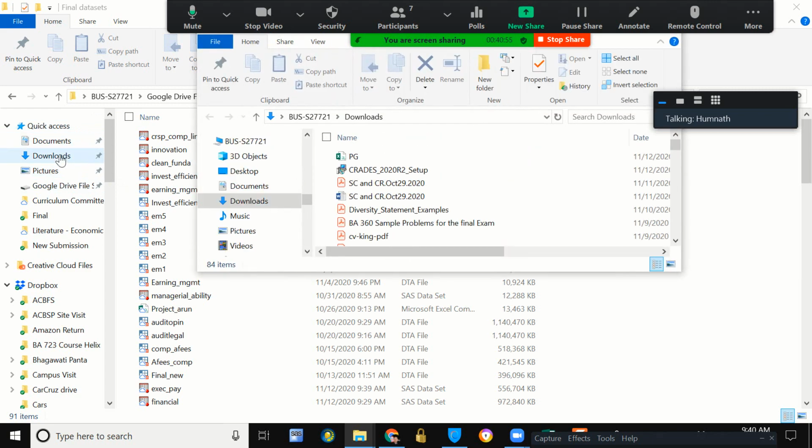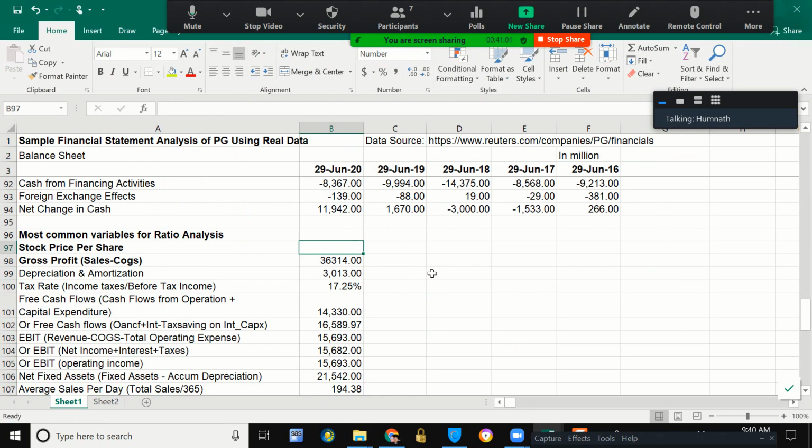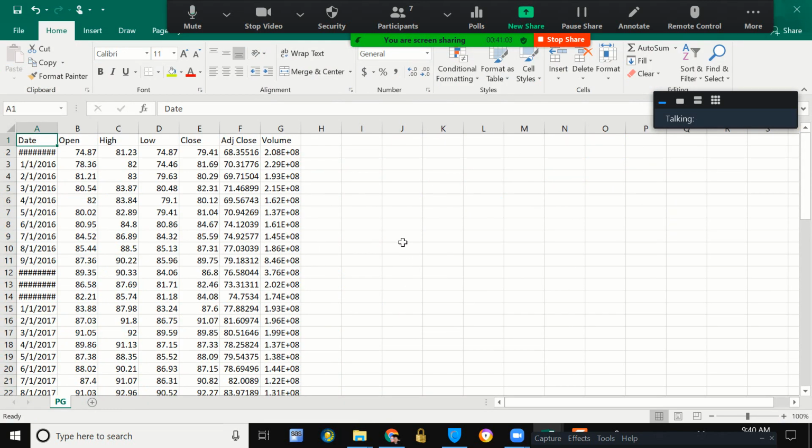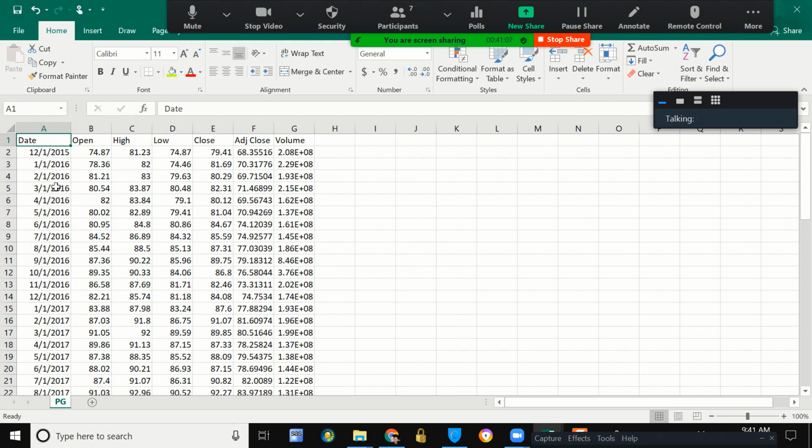Usually on my computer by default it stays in downloads, so I go to downloads and open it, just to make sure, because last time it was not open. Can you see this Excel file now? Can you see the Excel file? It's Procter and Gamble, I just downloaded the stock price data.